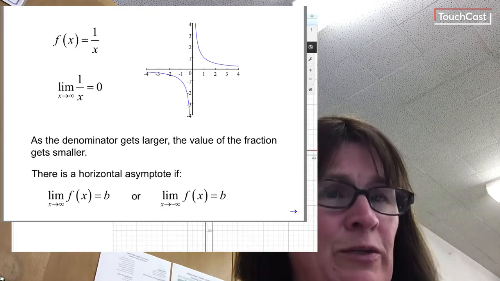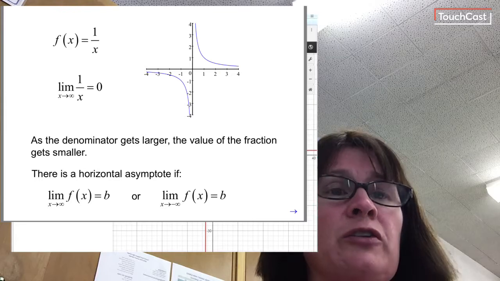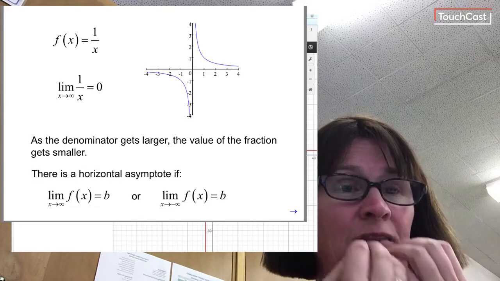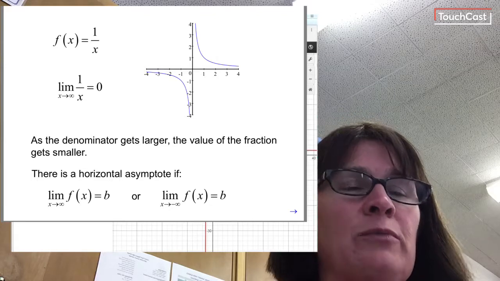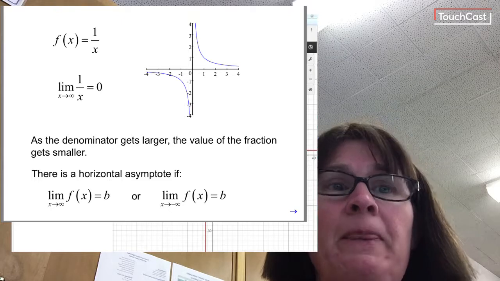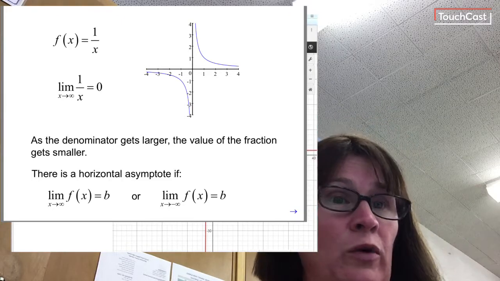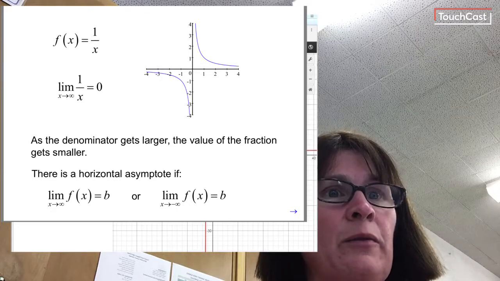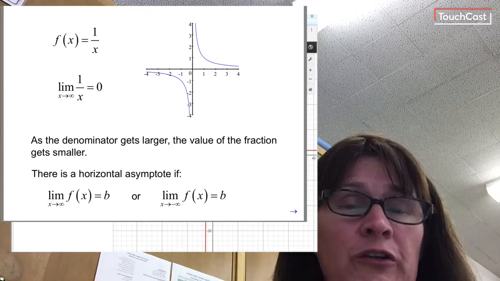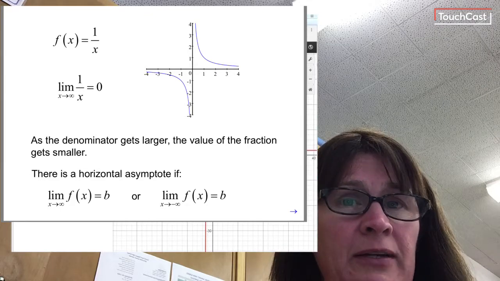So a horizontal asymptote, which I'm sure you've graphed when you talked about rational functions in pre-calculus, actually has its real definition come from an understanding of limit. If there is a number that your graph is getting closer and closer to out at one of its far edges, then that's exactly what limit notation is for. So this is a big deal. You very well might find there's a question about this on your AP test.